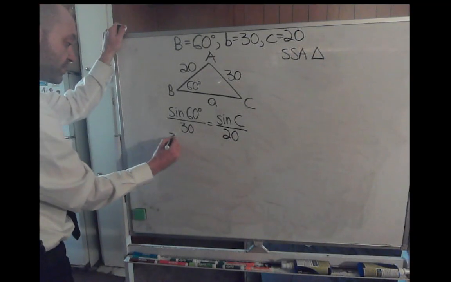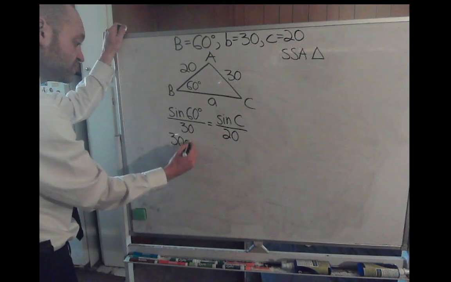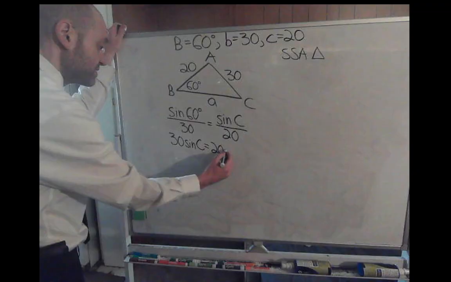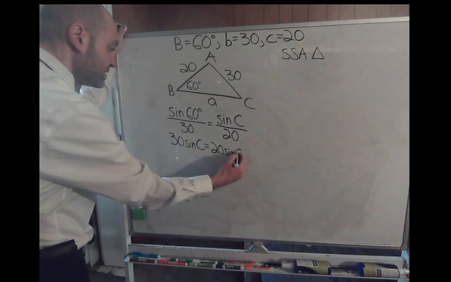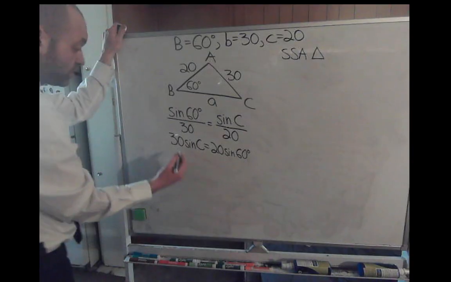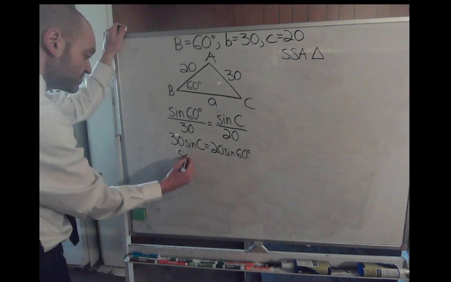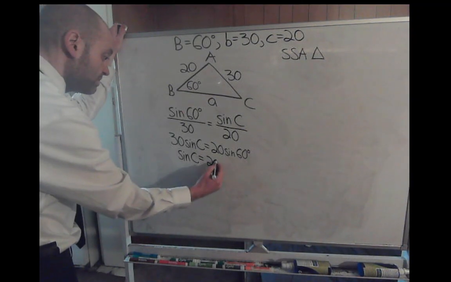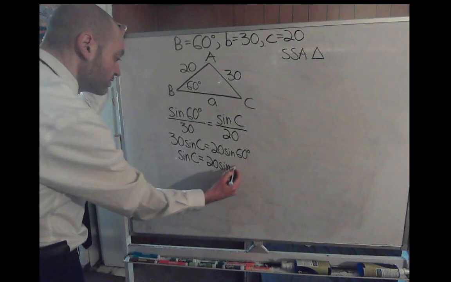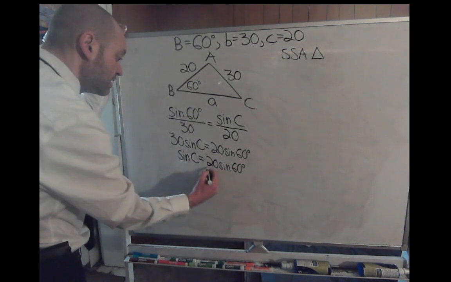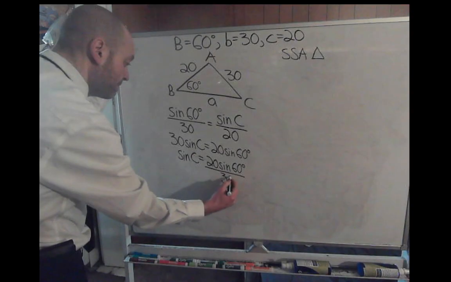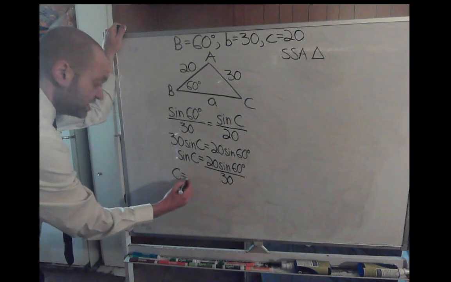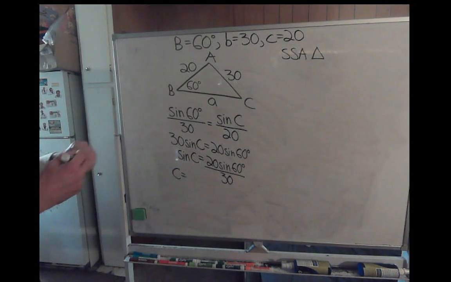So that means 30 times the sine of C is going to equal 20 times the sine of 60 degrees, which then means that the sine of C equals 20 times the sine of 60 degrees divided by 30. And then C is just equal to the sine inverse of all that.